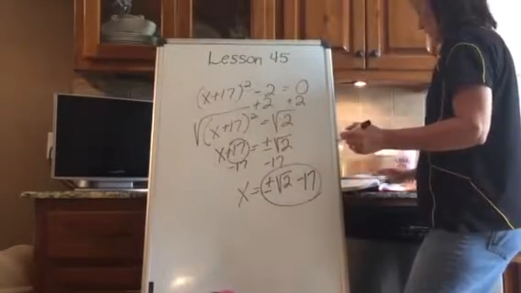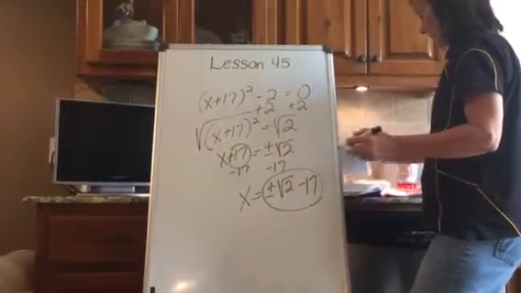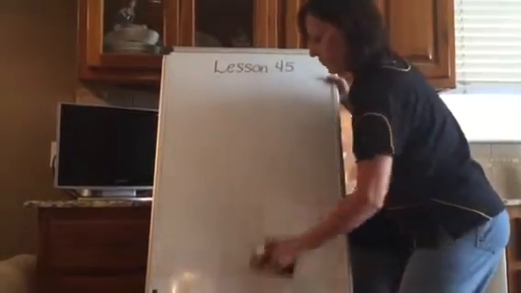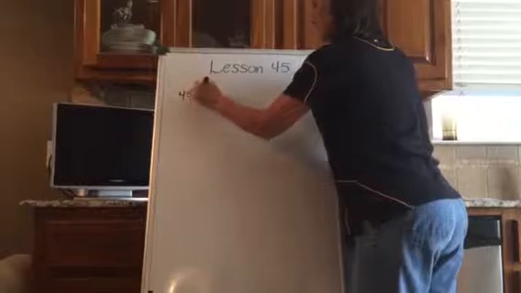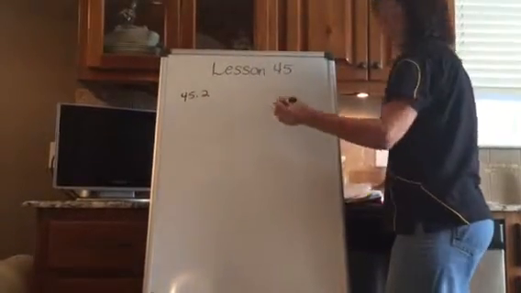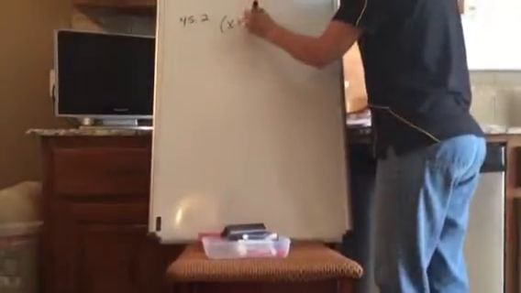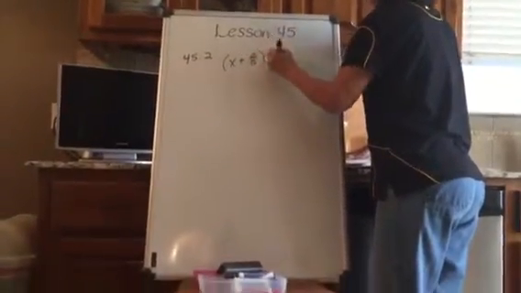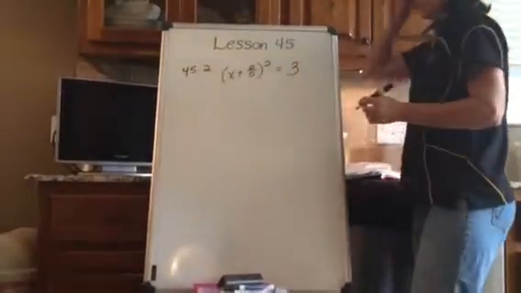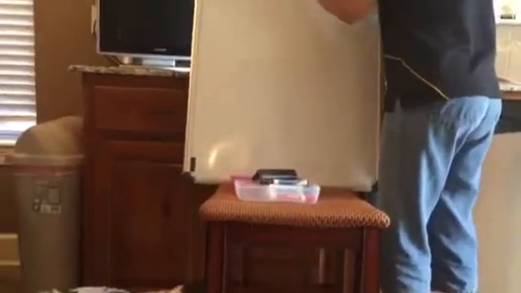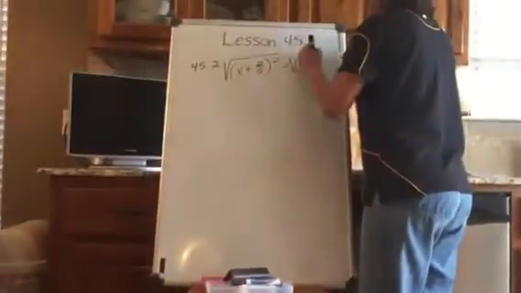Look at example problem 45-2 on page 201. It asks you to solve (x + 2/5) squared equals 3. I have a perfect square on the left, and I can therefore take the square root of both sides.